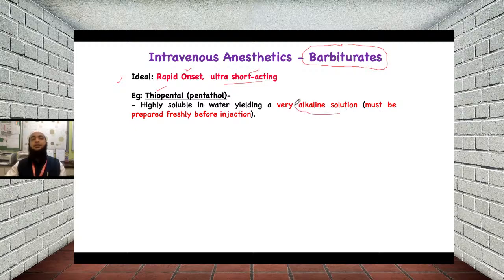Now any drug which produces an alkaline solution is not stable for a longer period of time. If a pharmaceutical company adds that drug in water and keeps it in solution form, it is not going to be stable. So to avoid that, you give thiopental in powder form, and separately you give the water.